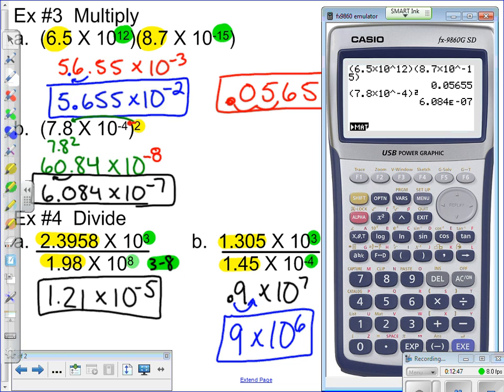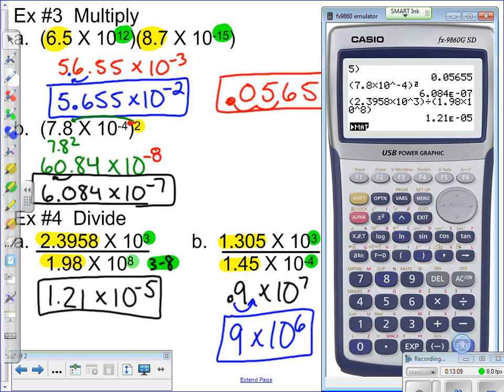Now when you want to do division problems, put the first scientific number in parentheses, and then close the parenthesis, hit the divide by button, and then put the denominator in parentheses also. And that's the entire problem with the division symbol in the middle. Hit enter, and you get 1.21 times 10 to the negative 5, verifying the answer that you see over there.